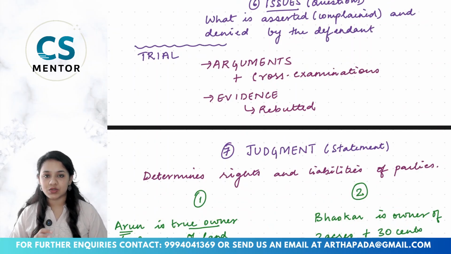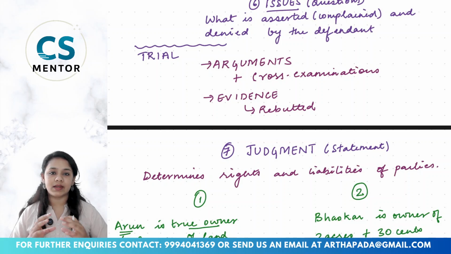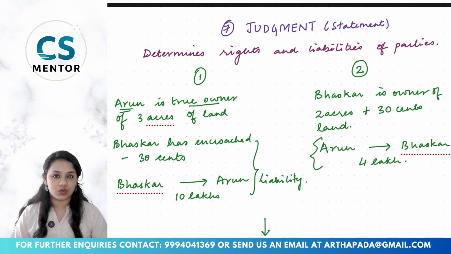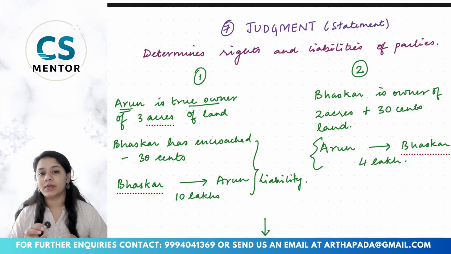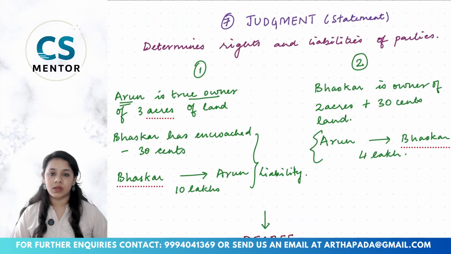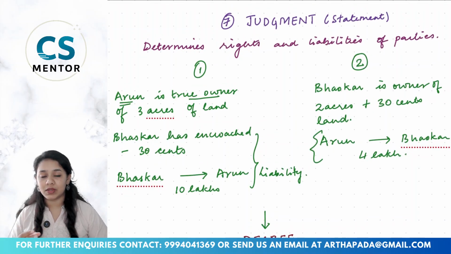When the trial starts, this is where you have the arguments, the cross examinations, the evidence, the rebutting of evidence, etc., and the hearings take place at this stage. And then finally, the judgment is given by the court of law. A judgment merely determines the rights and liabilities of parties, and on the basis of a judgment only, a decree will be given. Now, since a judgment is merely a statement, it can be declared even in open court of all.